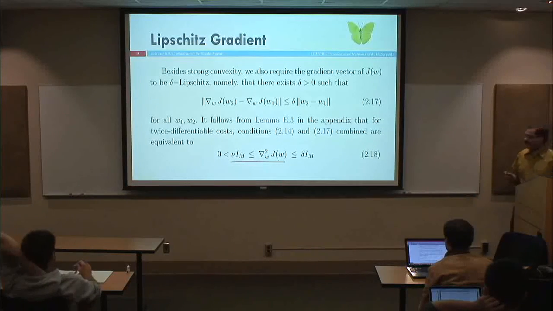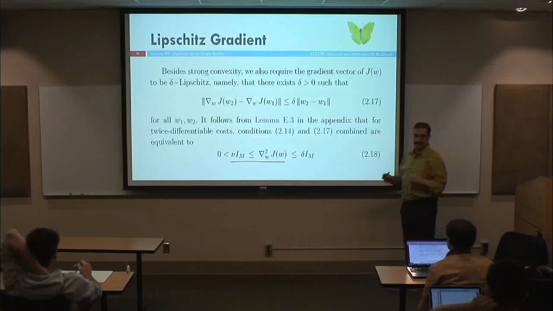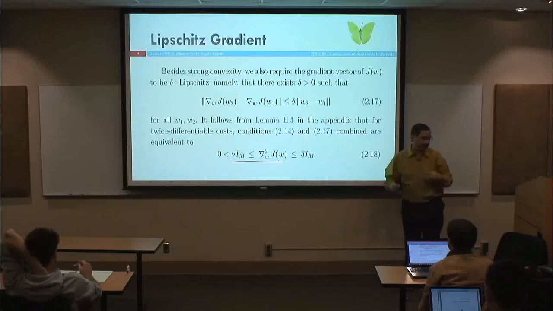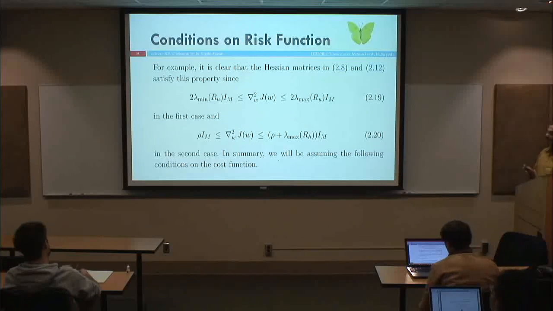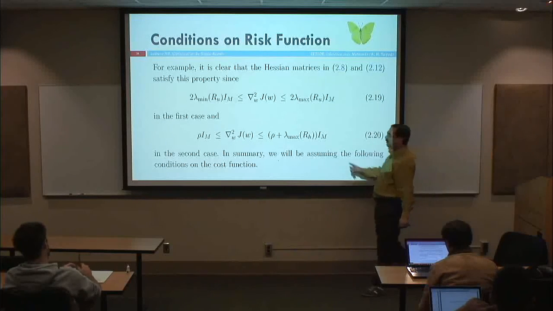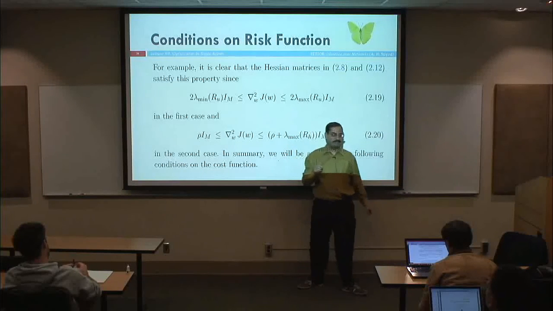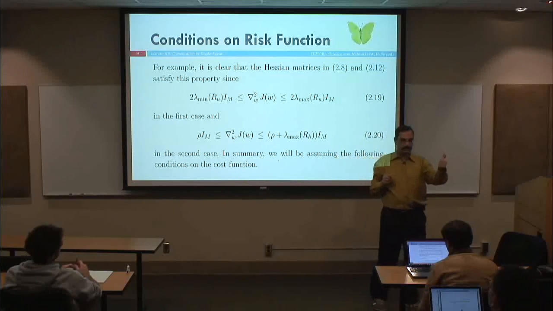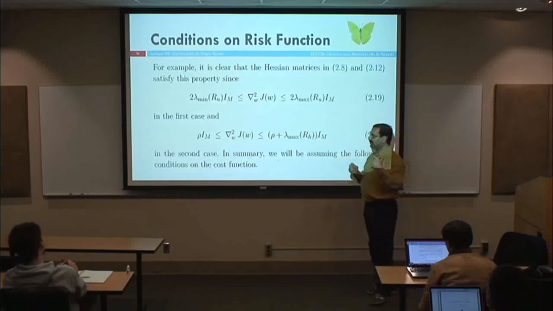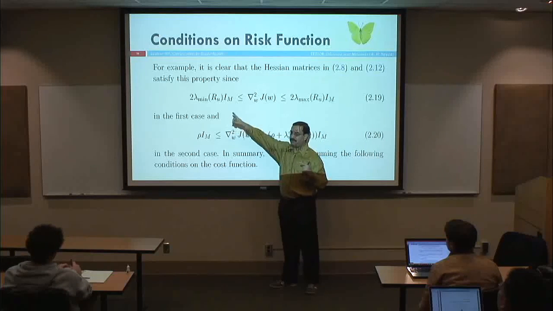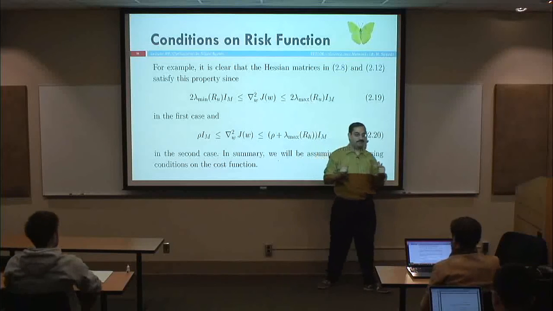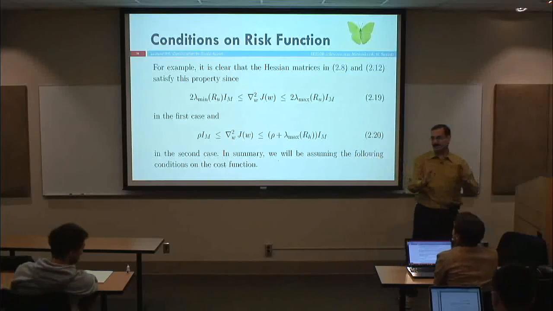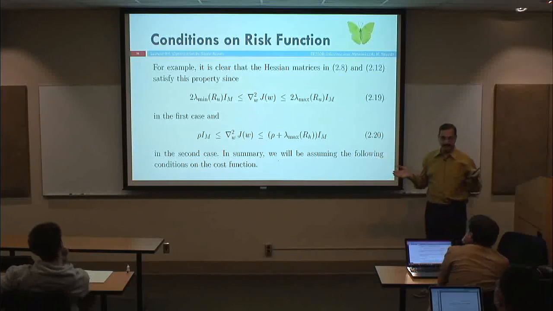Now, let's go back to the examples that we have. I have them in the next slide. Maybe I can go to the slides, okay? Let's look at the quadratic case. What was the Hessian in the quadratic case? 2RU. It's bounded from below by 2 lambda min of RU, from above by 2 lambda max of RU. So the quadratic case automatically satisfies that condition, right?